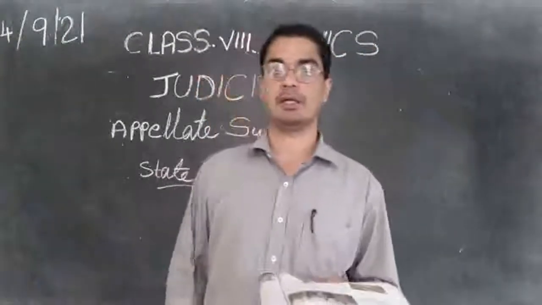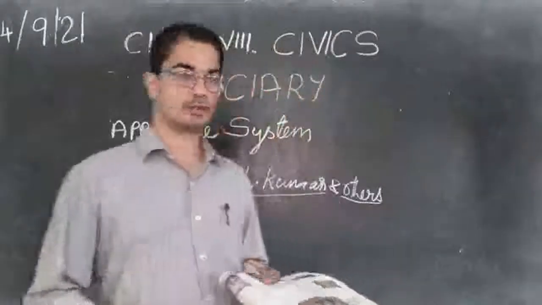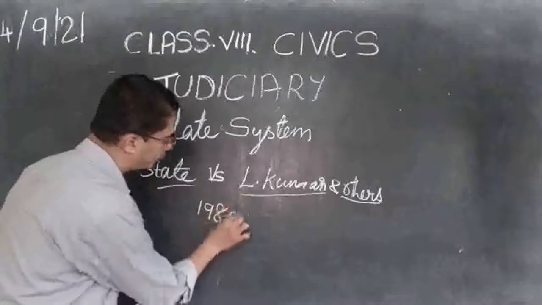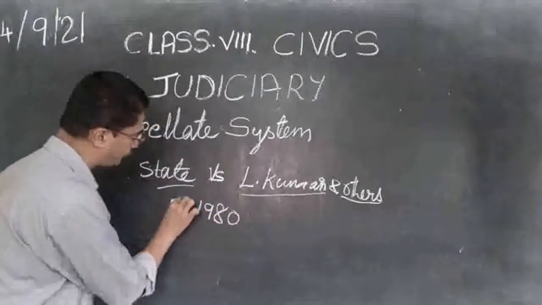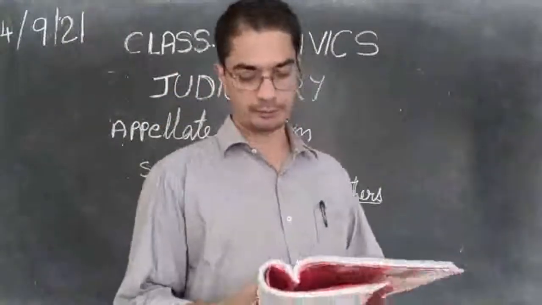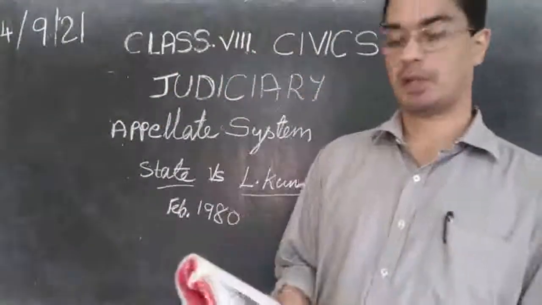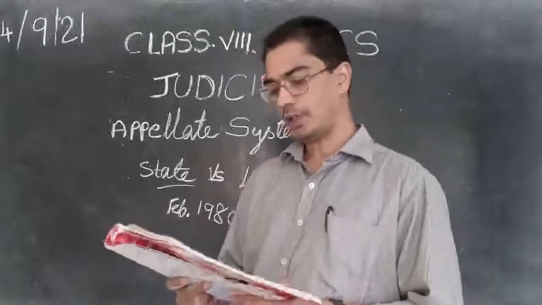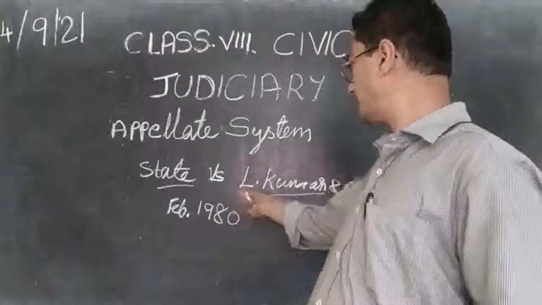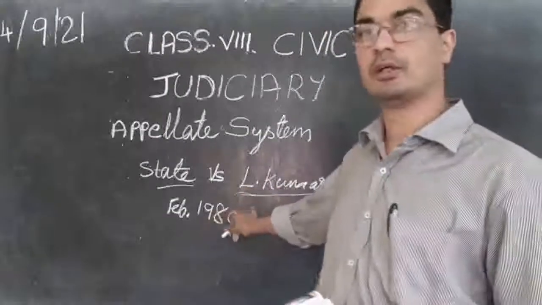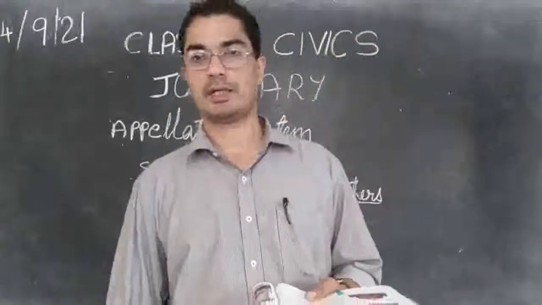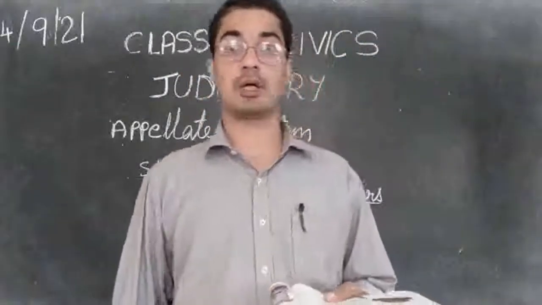In February 1980, Lakshman Kumar married 20-year-old Sudha Goyal. This person is the main culprit in this story, and he married a girl who was 20 years old, named Sudha Goyal.